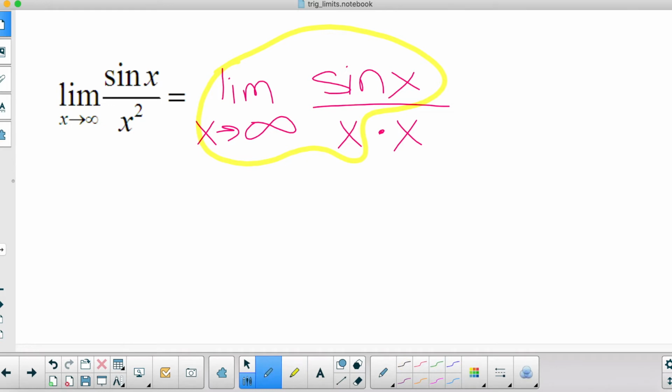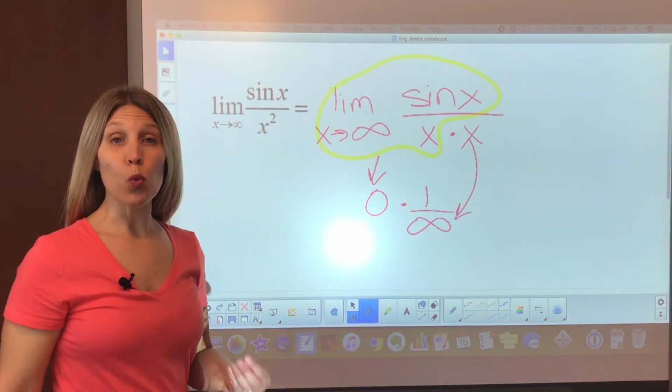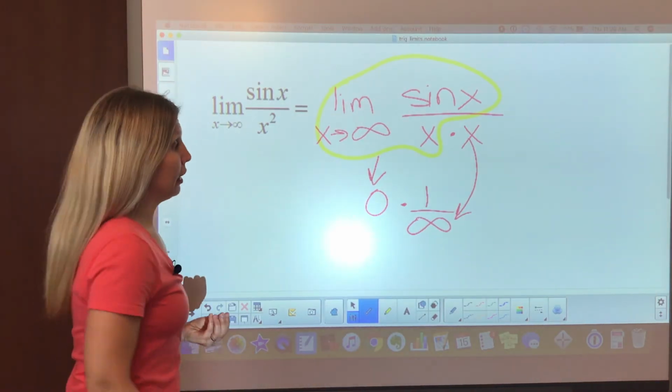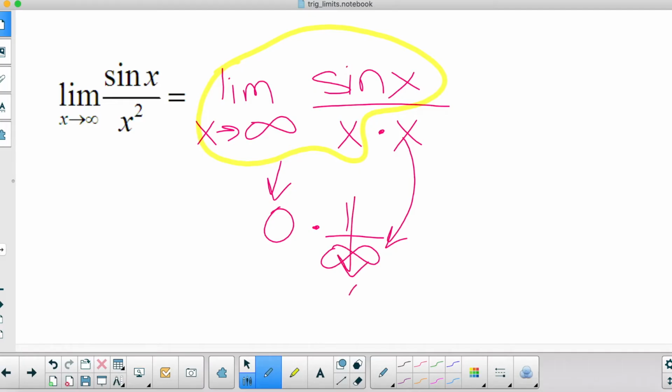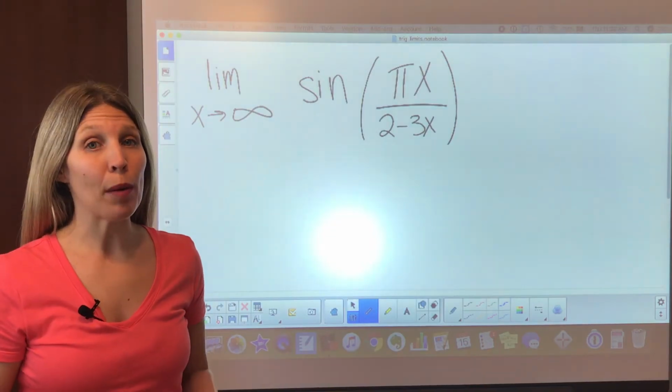Now remember, this limit property equals 0. And then we have to multiply by 1 over infinity because we're plugging in our x value. Well, 1 over infinity, where's that guy going? He's going to 0 too. So you've got 0 times 0, which gives you 0.